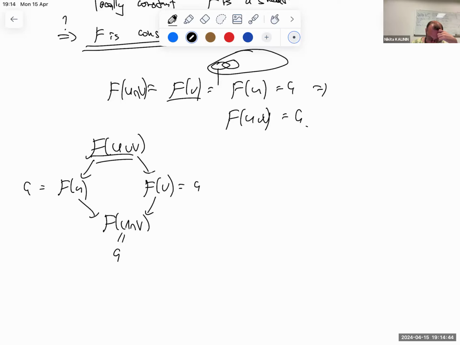First of all, different elements are sent to different elements, I think it's like that. Take any element below, say element A. Then there is an element A here and an element A here. And since it's a sheaf, we can glue any elements which agree, so there is an element A here.